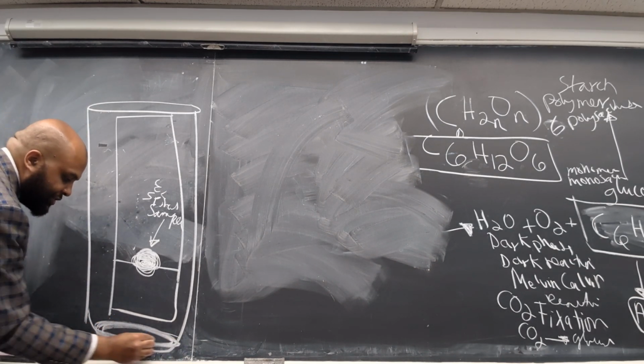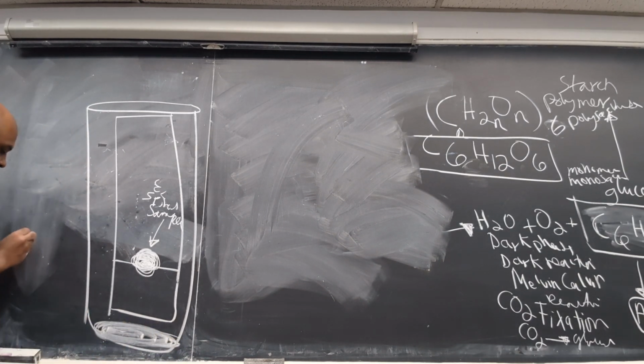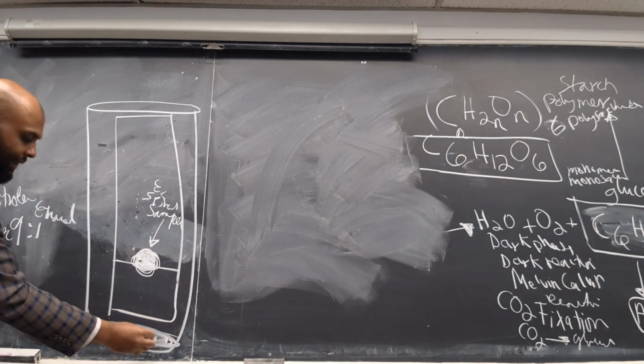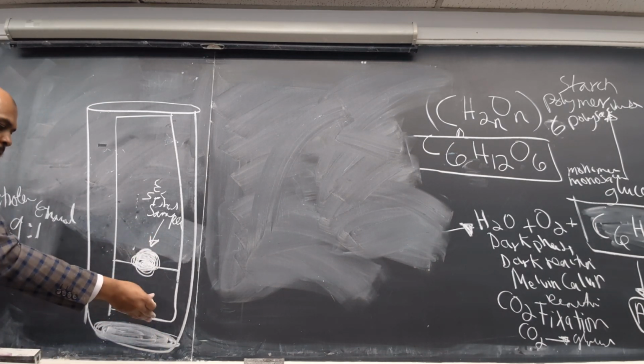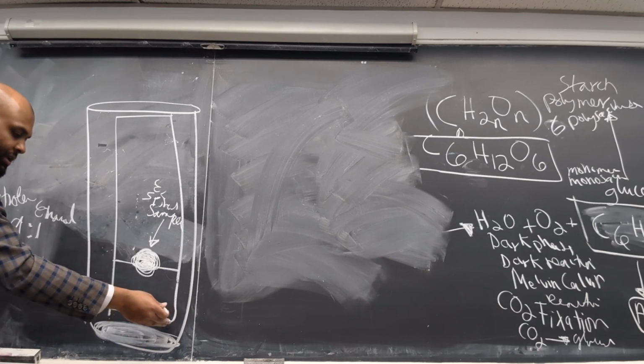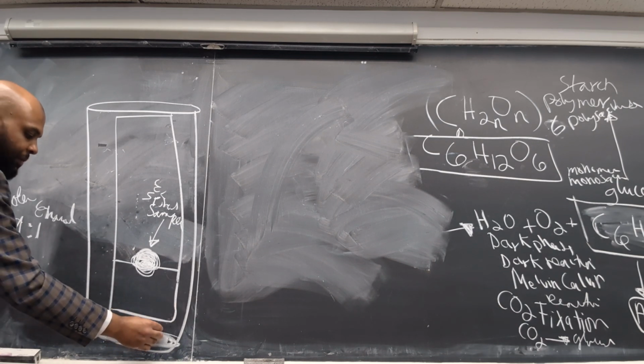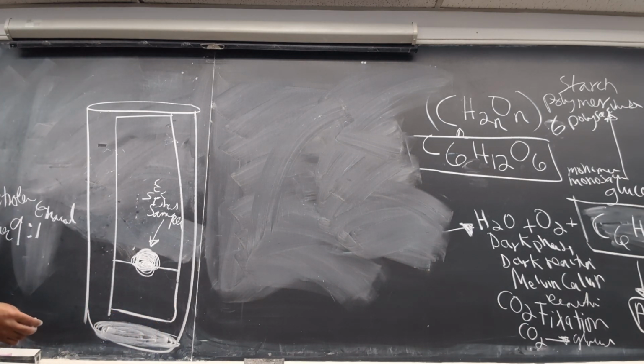And we're going to put our solvent in the bottom. Our solvent is 9-to-1 petroleum ether and ethanol. And this solvent, whenever you put it in touch with this chromatography paper, what's going to happen to the solvent?